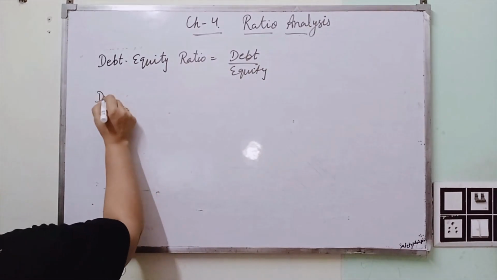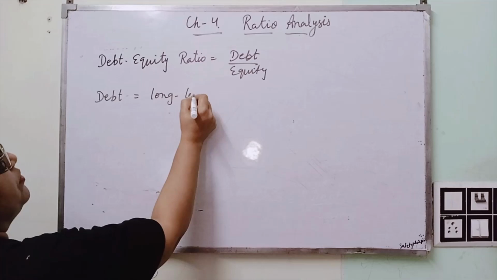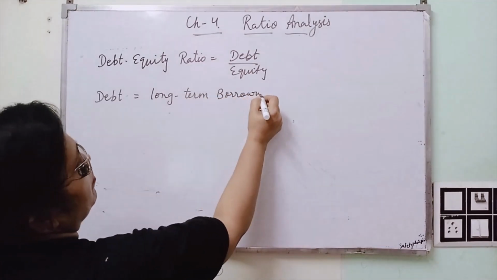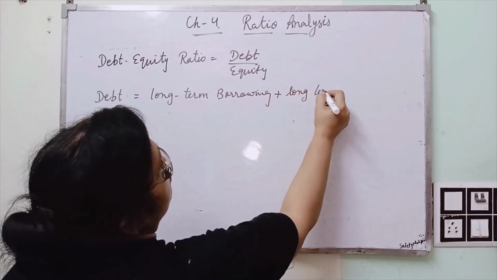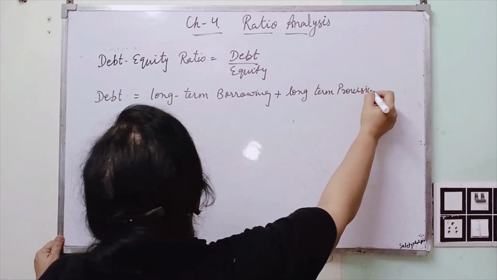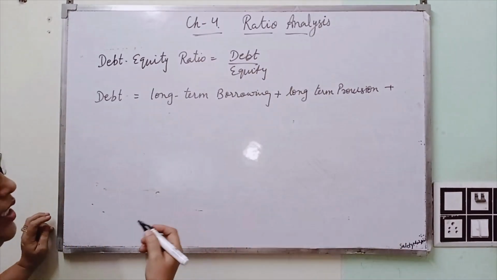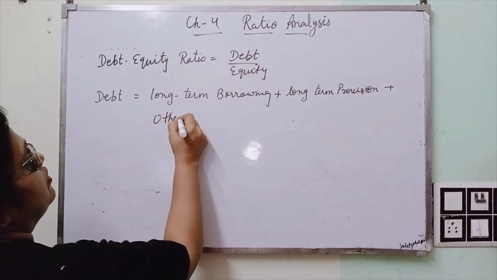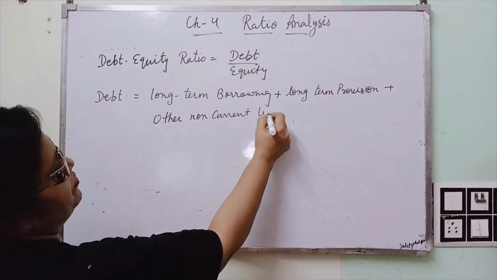Now what is debt? Debt is equal to long-term borrowings and long-term provisions, deferred tax liabilities, which is not in our syllabus, and other non-current liabilities.